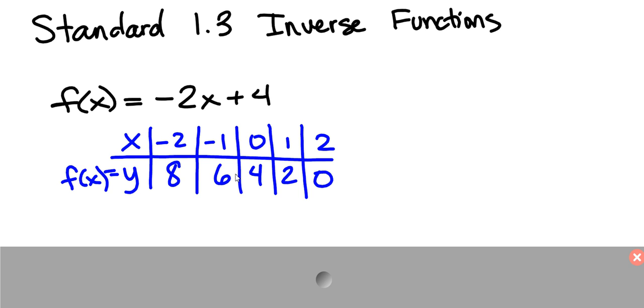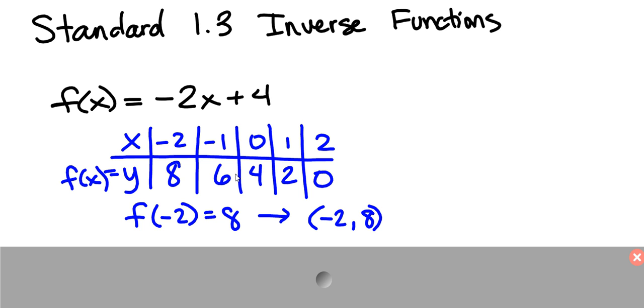We could say f of negative 2 equals 8. We could say f of negative 1 equals 6. We could say f of 0 equals 4. And we know that that really is talking about the ordered pair. So as an example, that is one of the ordered pairs from our table.